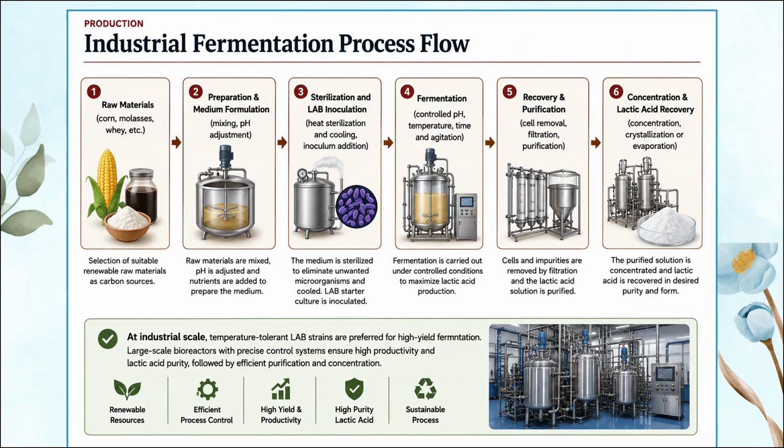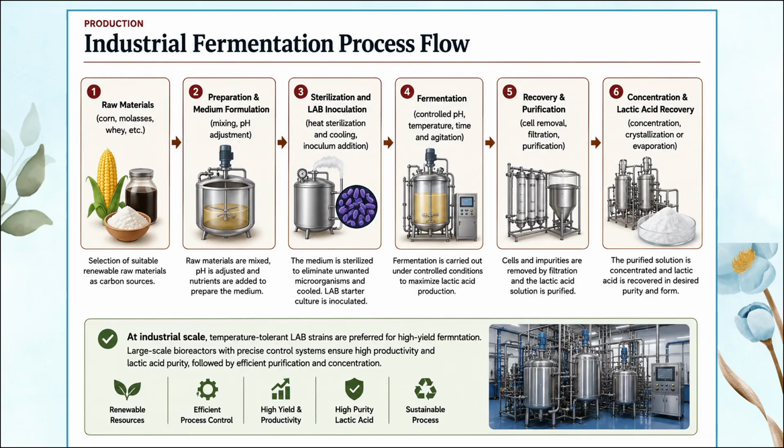This is followed by fermentation. In this fermentation, the pH should be controlled, the temperature and time should be maintained, and agitation is a continuous process. The agitation mixes the fermented products, and finally we get the fermented lactic acid. After that, there is a recovery and purification step.